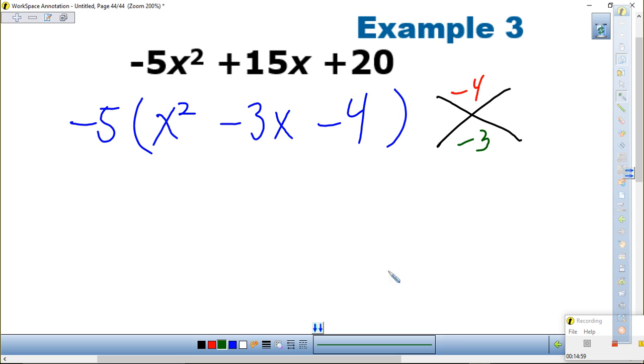So why can we do the negative 5? Go. We're going to find out next. Okay?